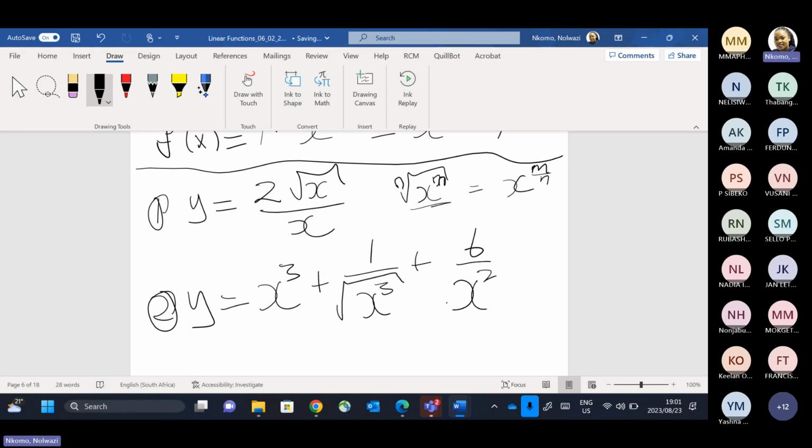So this means if our n is 3, say we have something like this to the power 2, you can write this term as x to the power 2 over 3.